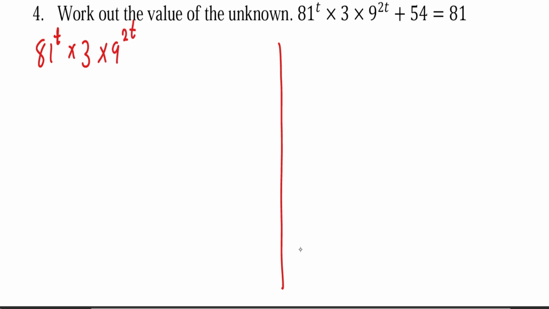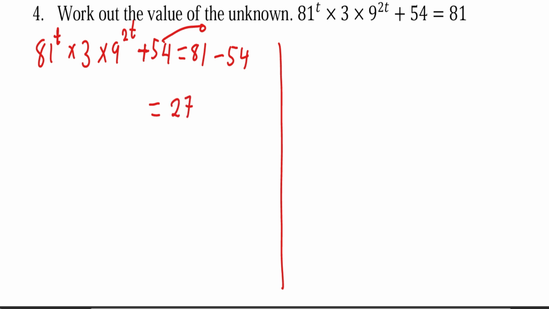So obviously the lowest number is 3. So at the end of the day, we're going to make most of the numbers 3 to the power of something. But the first thing you need to do is to put the plus 54 to the other side, so it's like we're collecting like terms. So 81 minus 54 should give us 27.